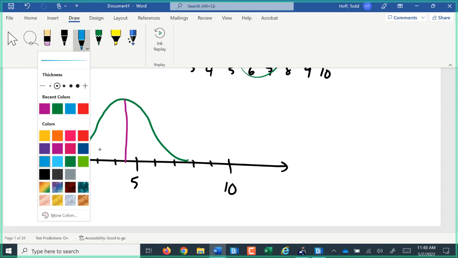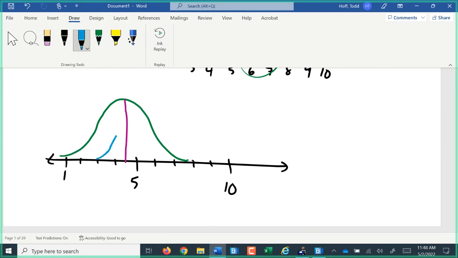If I want to compare that to this curve, pretty much the same shape, but when I look at that one, the center is at about 5 3/4 or 5.5, somewhere in there. They have different centers. So that's one thing I can use to distinguish one bell curve from another, the location of their center.